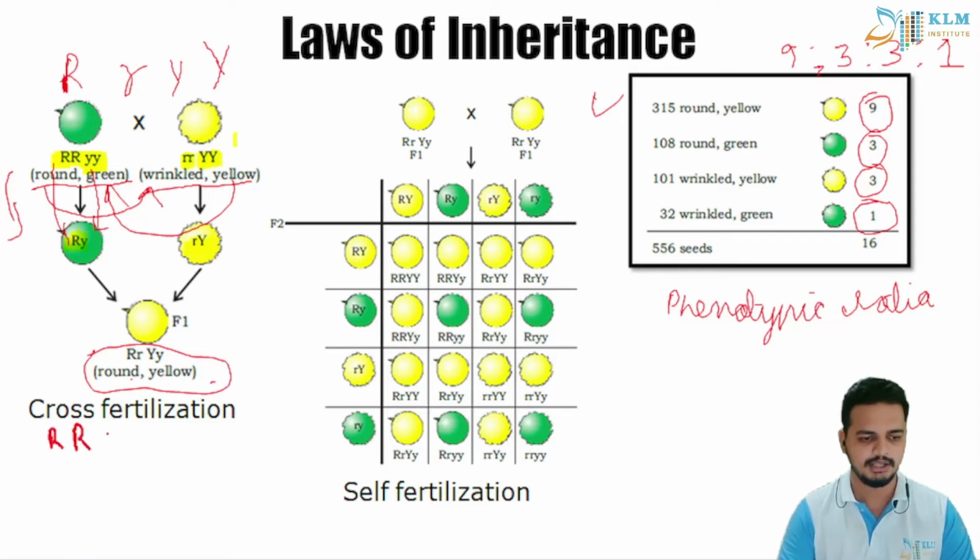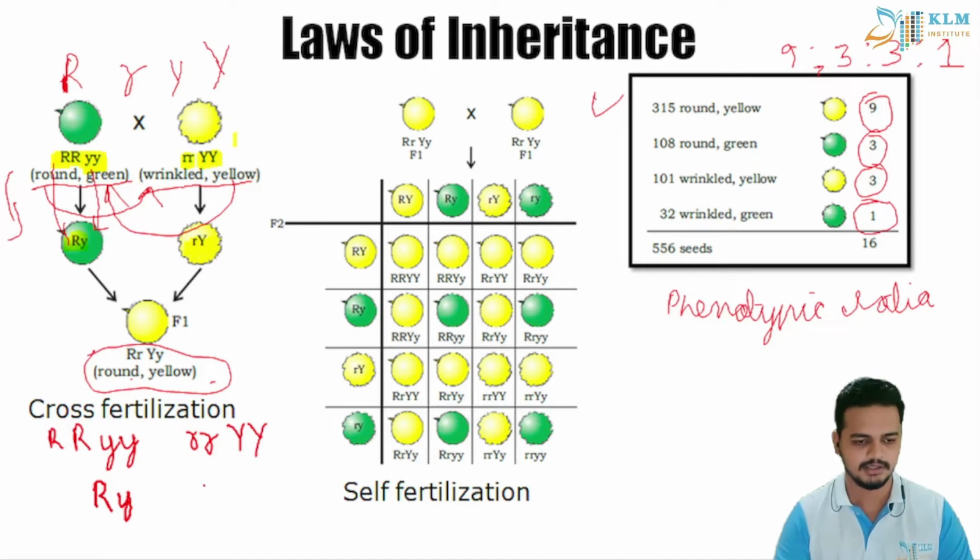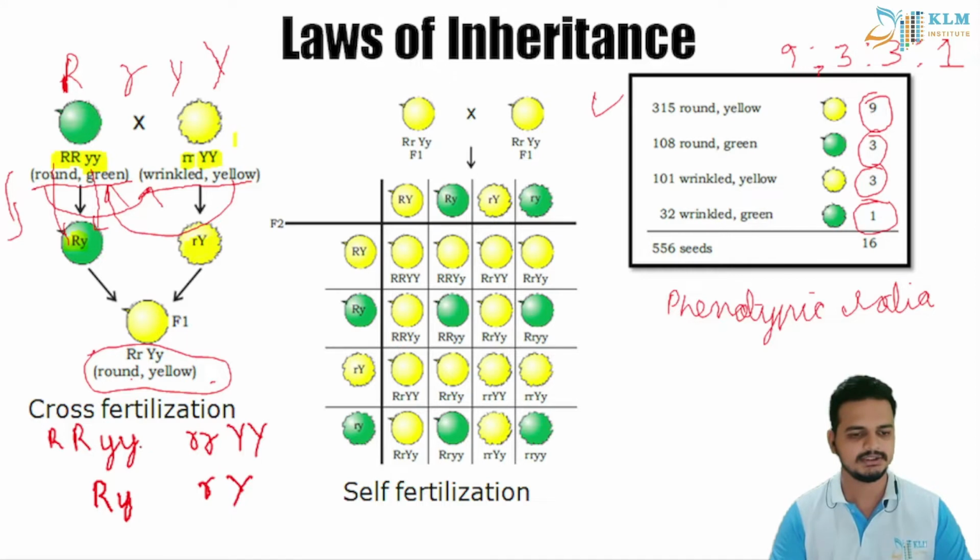Capital R, small y, small y, small r, and capital Y, capital Y. So you take one R and one Y, you get a capital R, small y, and you get small r, capital Y. So this is how you write the gametes formed.